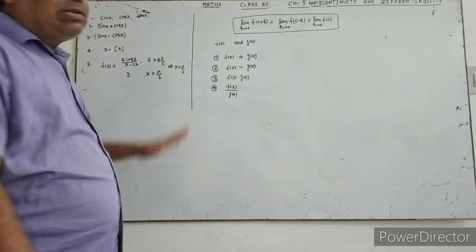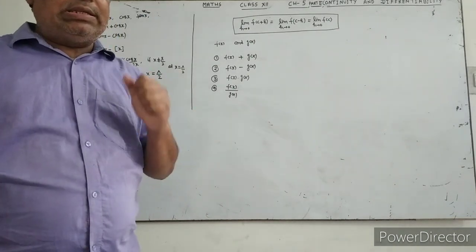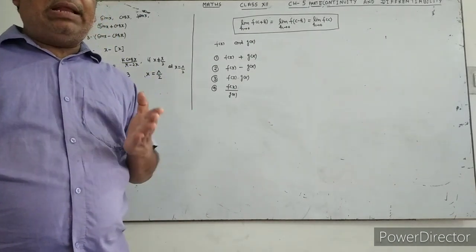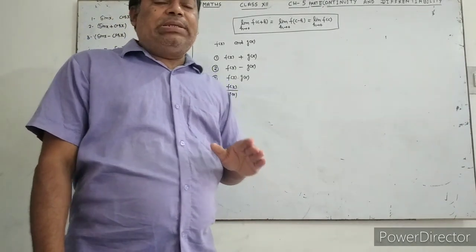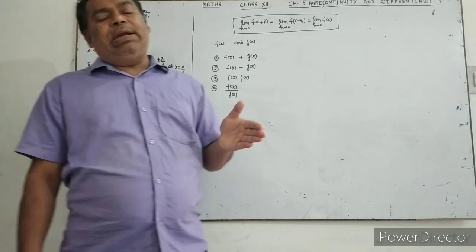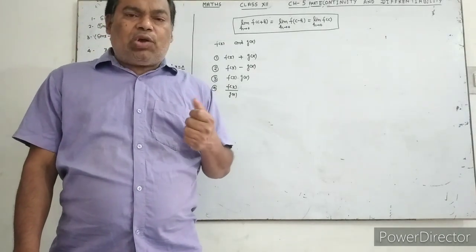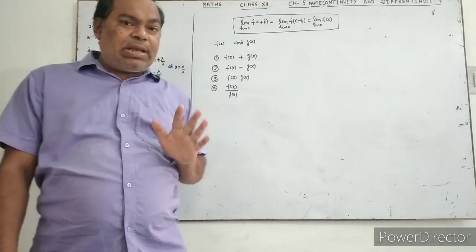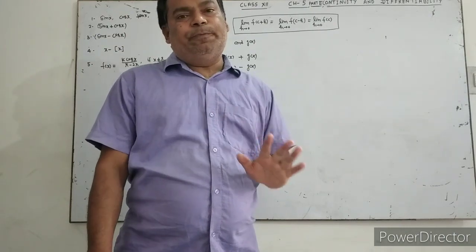Sin x minus cos x, the difference of two continuous functions, is also continuous. Sin x into cos x is also continuous. Sin x divided by cos x, which is tan x, is also continuous. Cot x is also continuous, and every constant function is also a continuous function.